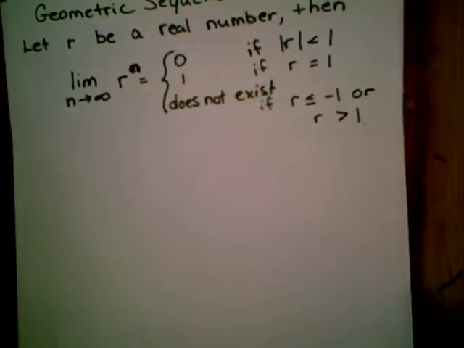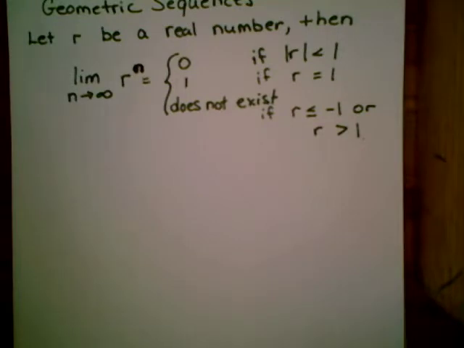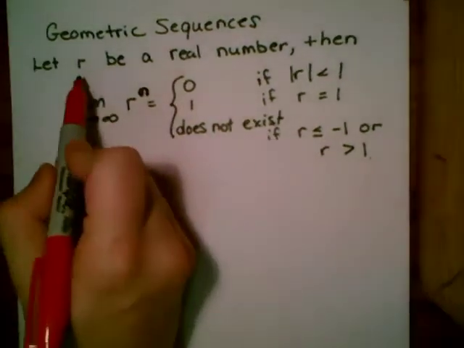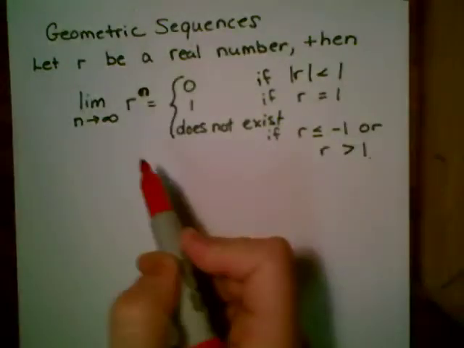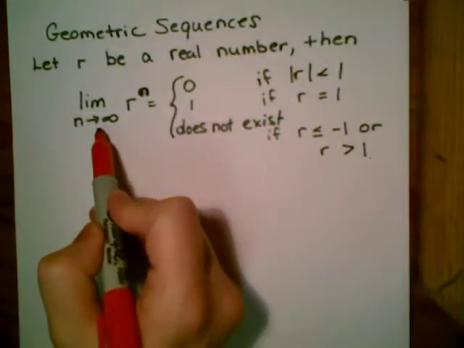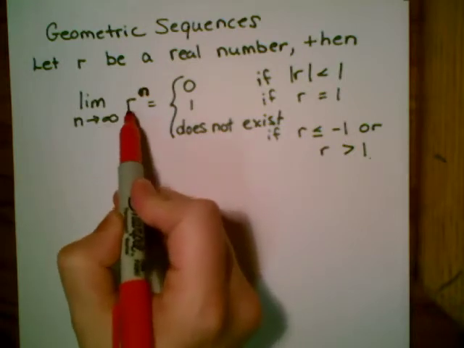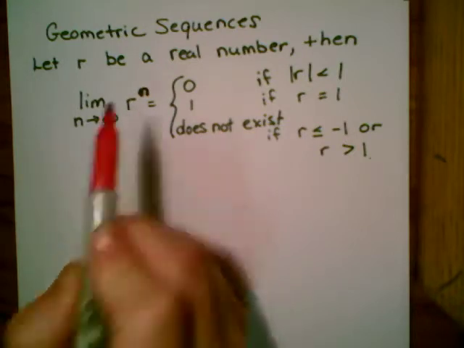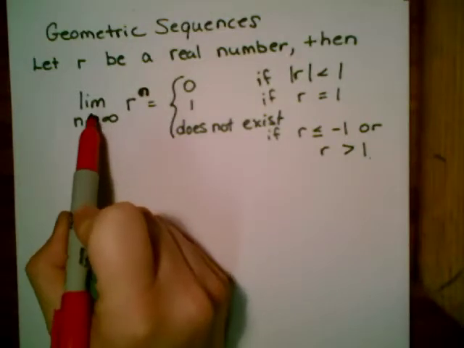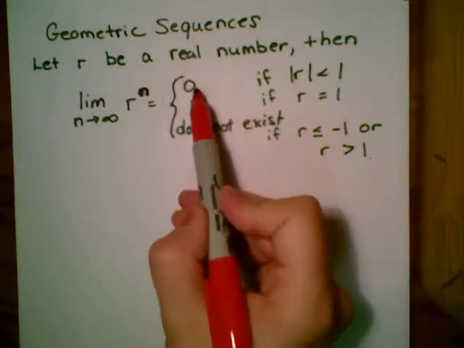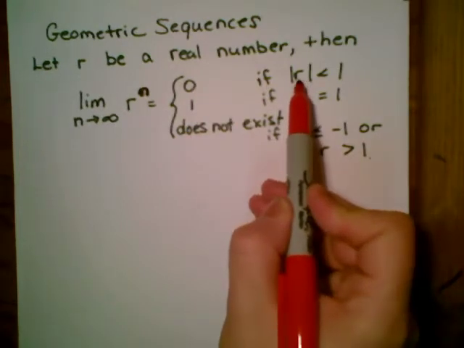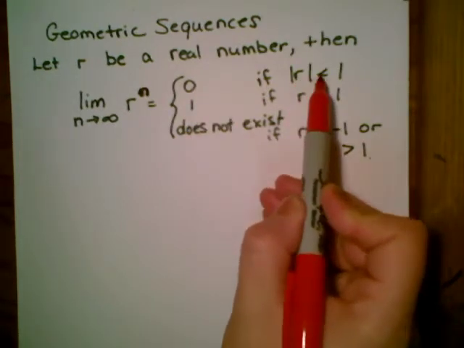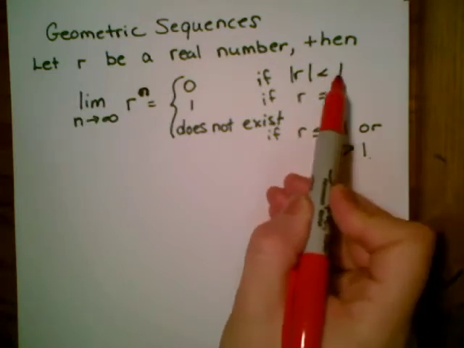So let's move to a little more general description of geometric sequences. We've been talking about common ratio R, so let R be a real number. Then we can decide upon convergence depending on the base R, the common ratio. The limit of R to the n will be 0 if the absolute value of R is less than 1, if the magnitude of R is less than 1.